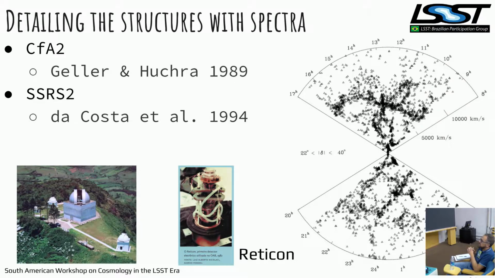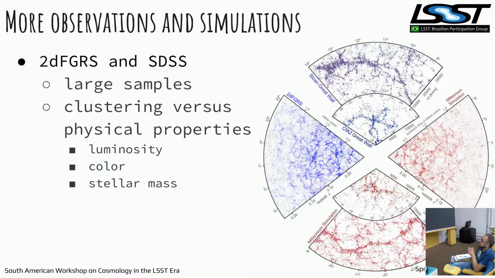It feels like wasted time, but it's part of the development of astronomy. The next step was multi-object spectrographs using fibers, for instance. You had the 2dF and the Las Campanas Redshift Survey going deeper with a larger sample.